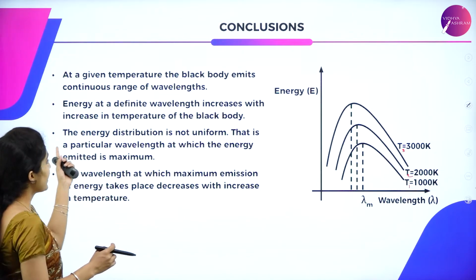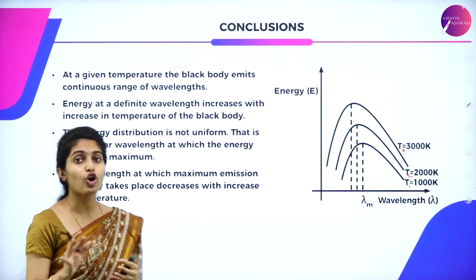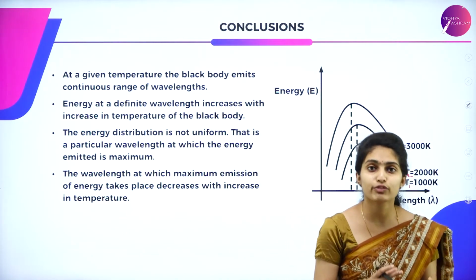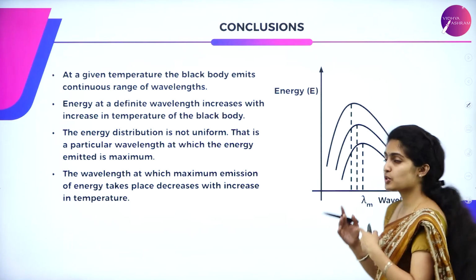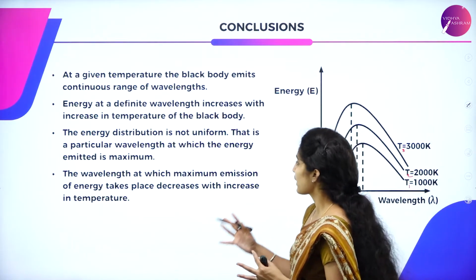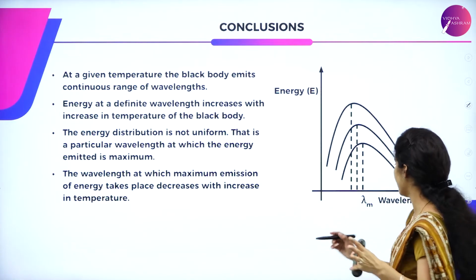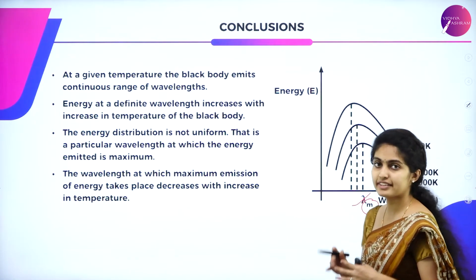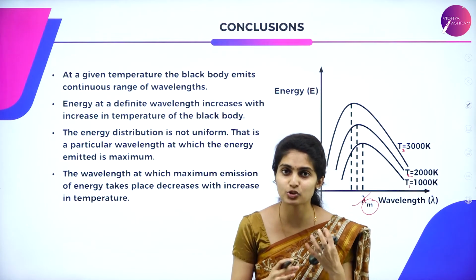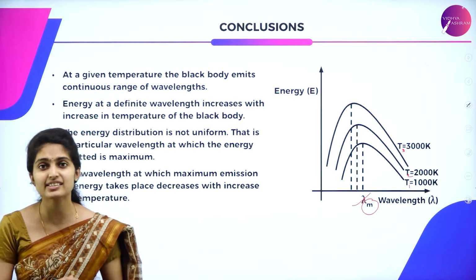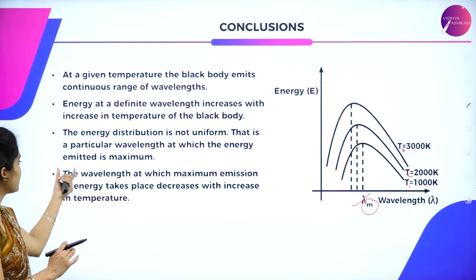Then next, the energy distribution is not uniform because it has different energies at different temperatures. Therefore, the distribution is said to be not uniform. At a particular wavelength called lambda m, which means maximum wavelength, the energy is also maximum. That is the third point.